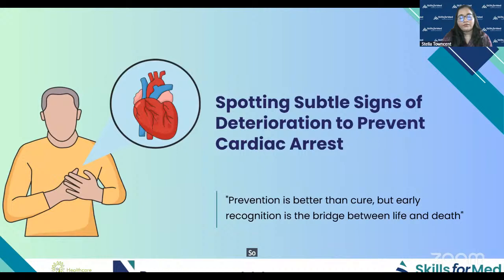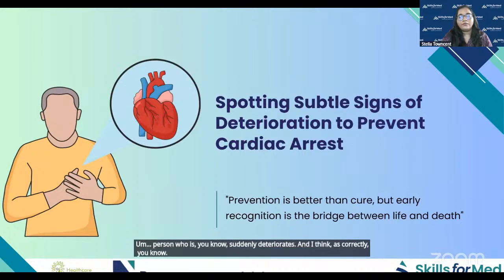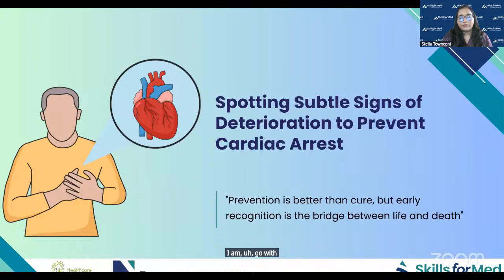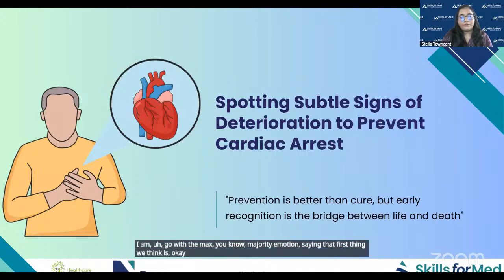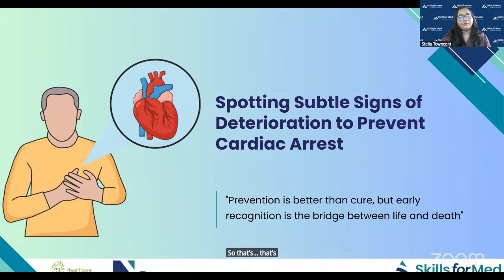So there are varying levels of emotions when you see a person who suddenly deteriorates. I can go with the majority emotion, saying that the first thing we think is, okay, all is going to be well. I'm sure I'll take care of it. So that's the majority of the emotion which comes through.